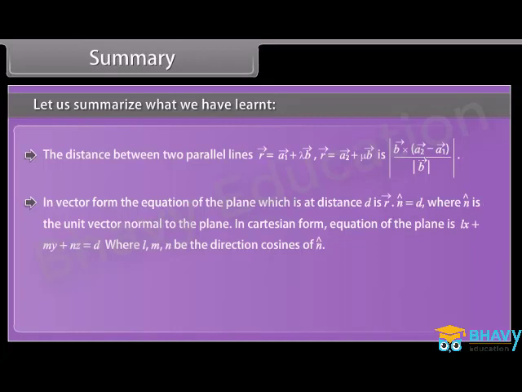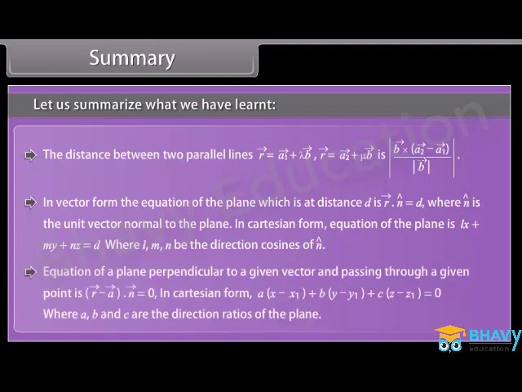In Cartesian form, the equation of the plane is... where l, m, n are the direction cosines of cap n. Equation of a plane perpendicular to a given vector and passing through a given point is, in Cartesian form, ... where a, b, and c are the direction ratios of the plane.